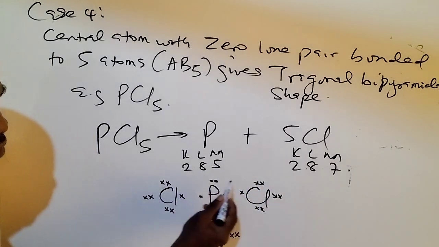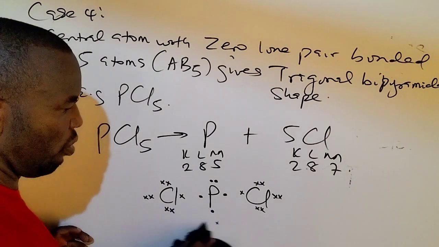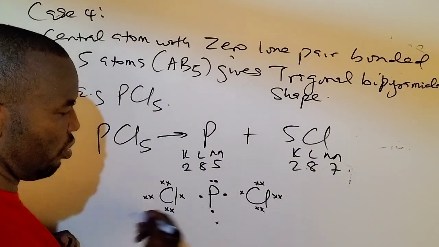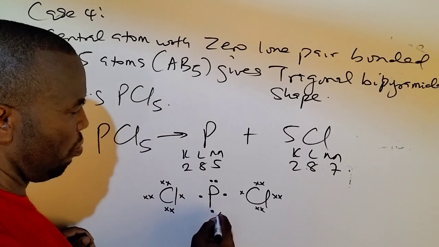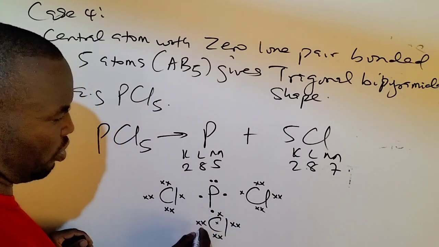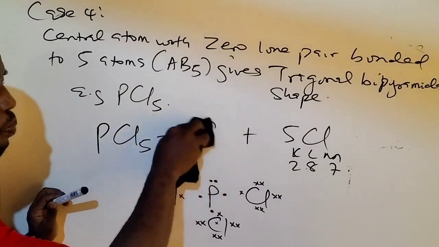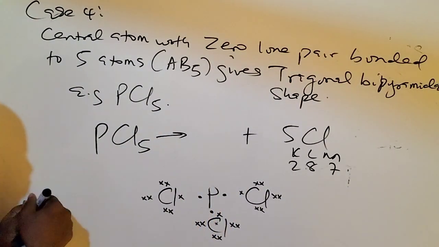We need how many chlorine? We need 5 chlorine atoms. So what will now happen? If you look at that structure, it appears that we have only 3 unpaired electrons for chlorine atoms, but we need 5 chlorine atoms. So what do we do? What's going to happen here is that these 2 paired electrons up here will unpair.